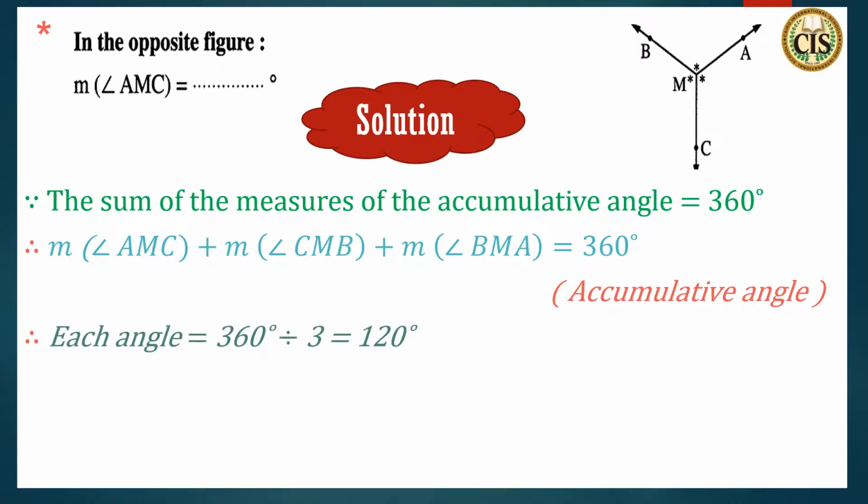Then each angle equals 360 divided by 3, because I have 3 angles here, which equals 120 degrees. So measure angle AMC equals 120 degrees.